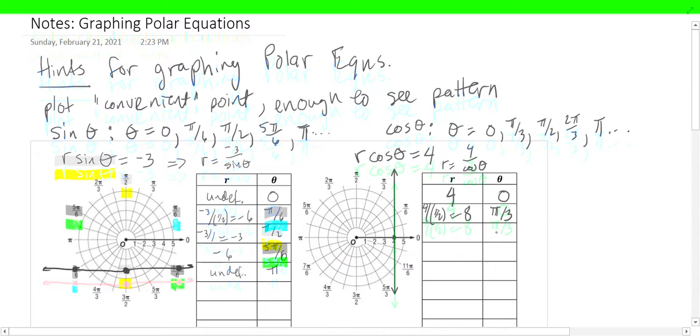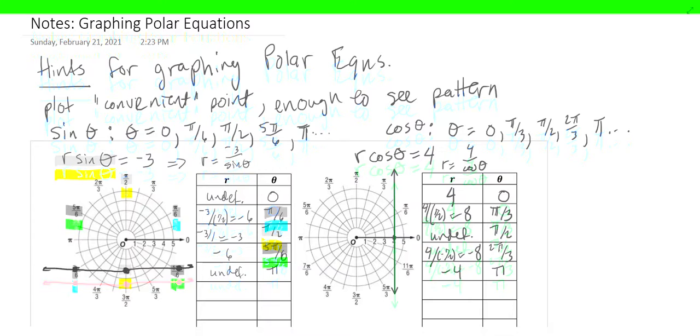And then if we go to pi over 2, we have division by 0. That's undefined. And then we would go to 2 pi over 3, which would be 4 over -1/2 equals -8. And then we get back to pi, and pi is -1, so it's -4.